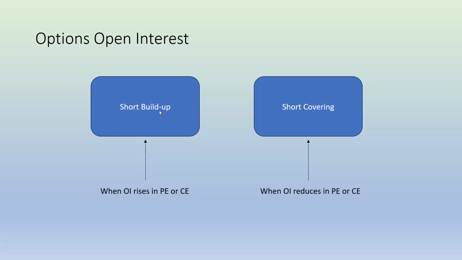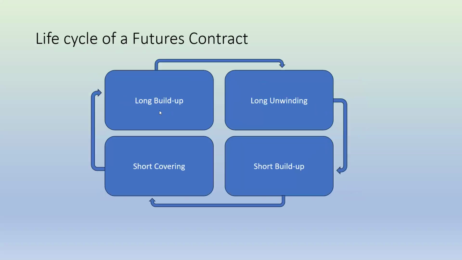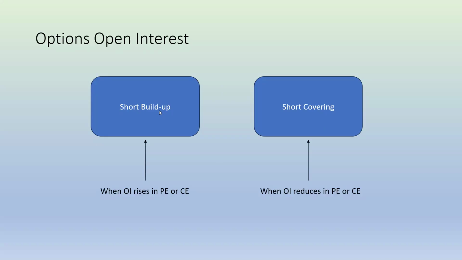Because sellers have covered their positions, either they are booking their profit or they are facing some problem. So अभी आपने देखा कि futures में there are 4 stages, but options there are only 2 stages. Either short build-up होगा या short covering होगी. Now as an option buyer we are focusing on this second part, which is short covering.